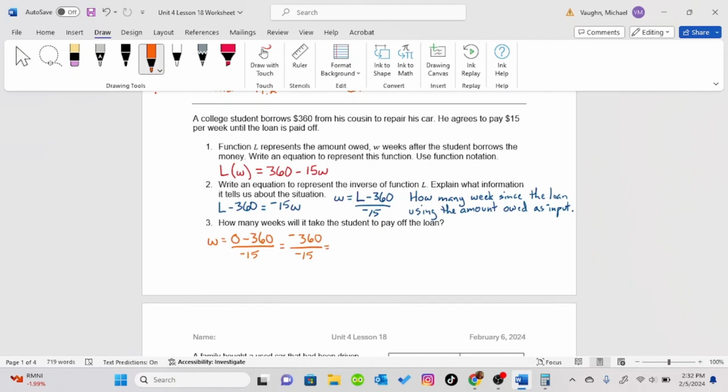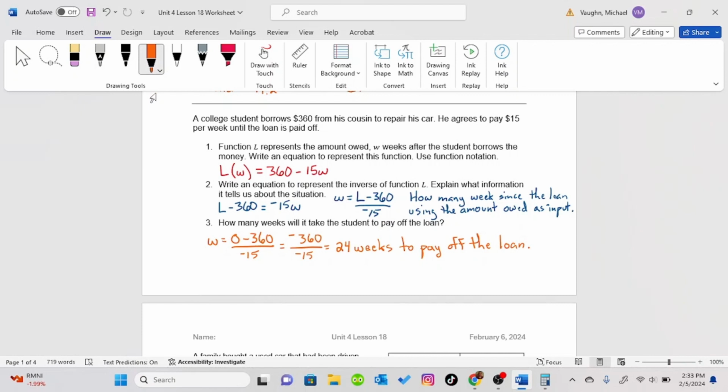Negative 360 divided by negative 15 equals 24, and W represents weeks. So it's 24 weeks to pay off the loan.